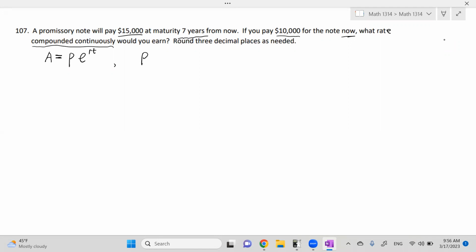We can list the principal here. That's 10,000. What rate compounded continuously is looking for r. And 15,000 is the future value, the A. And t is 7 years. And we are looking for the rate r.